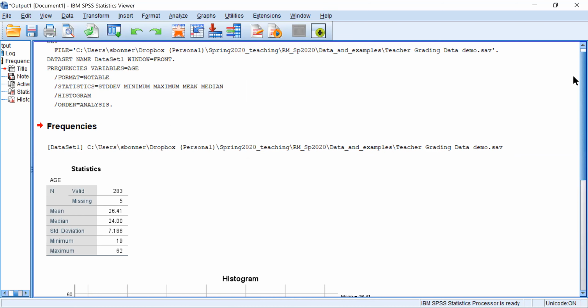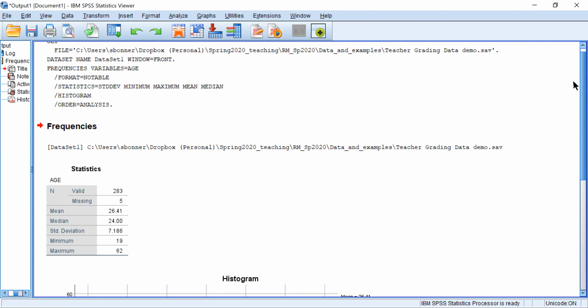So what we would report is that our sample of 283 participants reported their age with a mean of 26.4, parentheses, standard deviation equals 7.19.